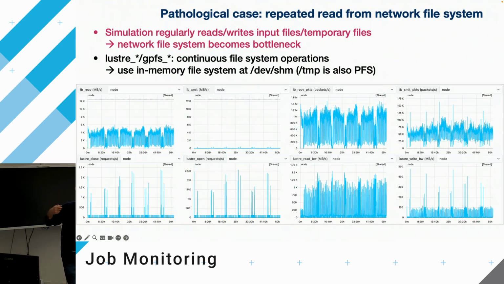Now the problem is, here you see these regular patterns in these metrics. So there's kind of a simulation loop, and there's always something going on, and you see some larger values in the network metrics, here in the network file system metrics.